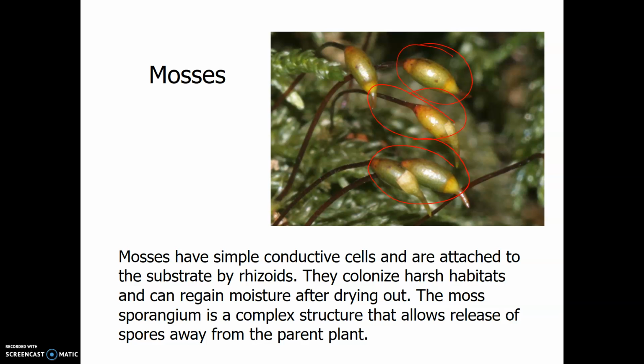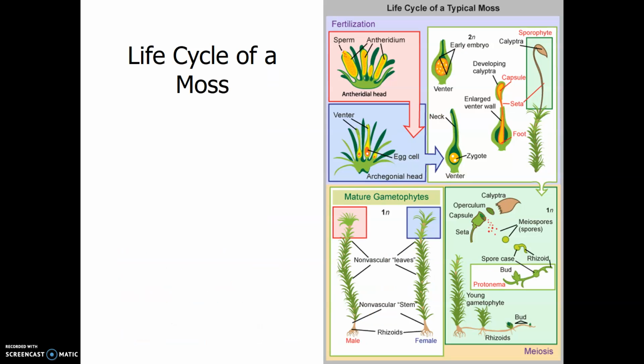And this is the life cycle of a typical moss, and you can see the gametophyte is the green part of the moss, and the sporophyte is a stalk that grows up out of the gametophyte. And the sporophyte contains a calyptra on the end of it, and that's where the spores are produced. And that will pop off, and the spores will be released.